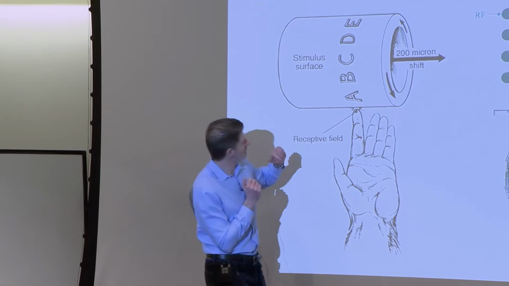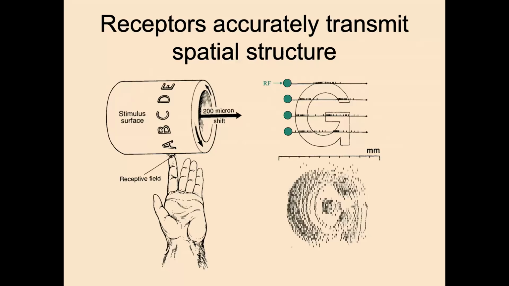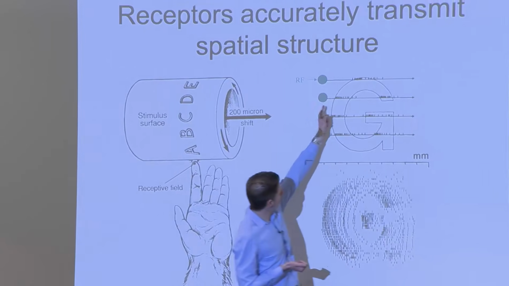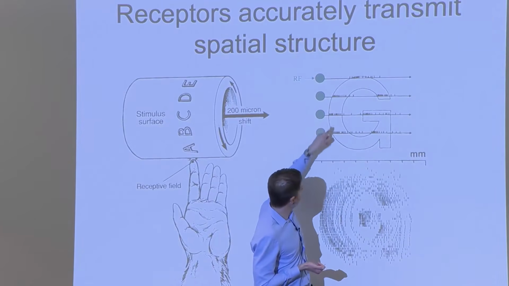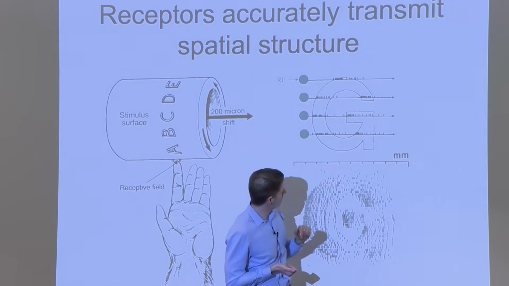And this is a schematic of how this works. The green circle is the receptive field of the receptor that's being recorded from, and these different sweeps are different rotations of the cylinder positioned at different locations with respect to the finger. The idea is that when there's a ridge on the surface that comes in contact with the receptive field, you're going to get a response.